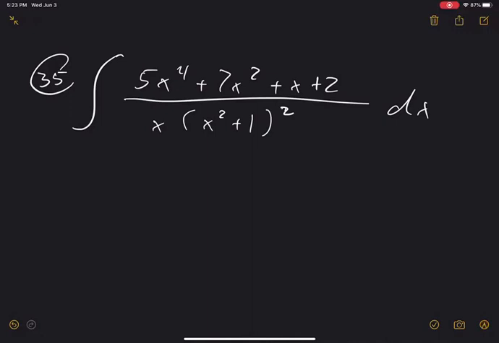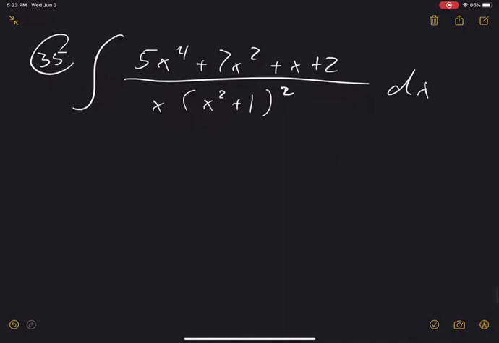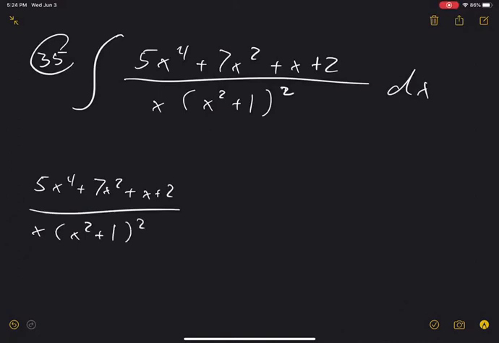Okay, and they already give it to us in factored form, right? This denominator is factored. The problem is we have a repeated term here, and this repeated term is irreducible. So I have the case of repeated irreducible factors. When I set this up, I'm going to have 5x to the 4th plus 7x squared plus x plus 2 over my terms here.